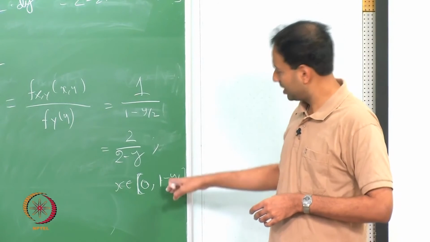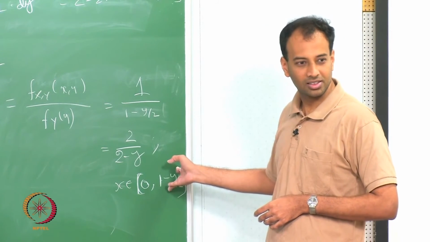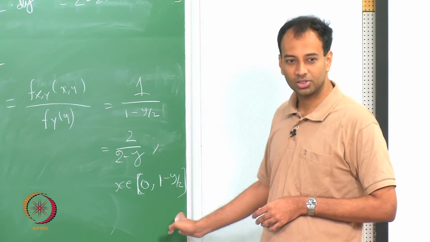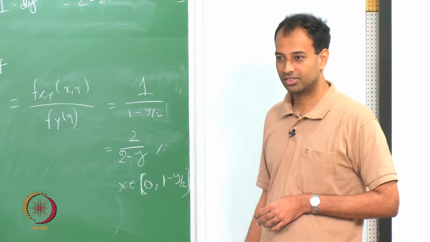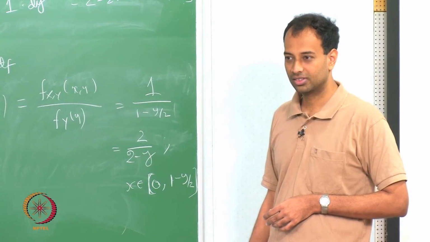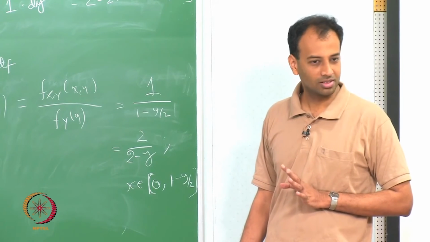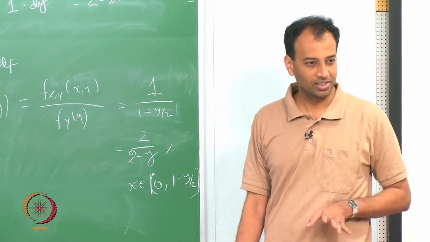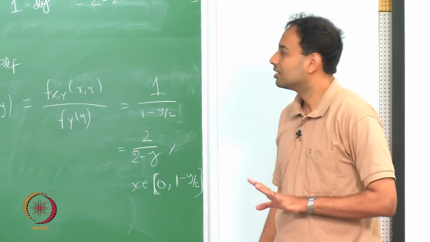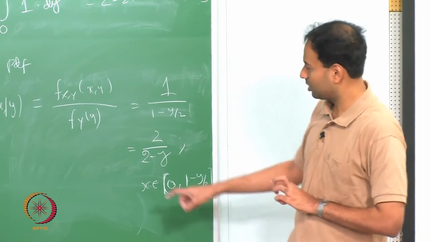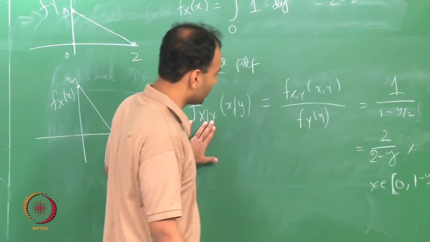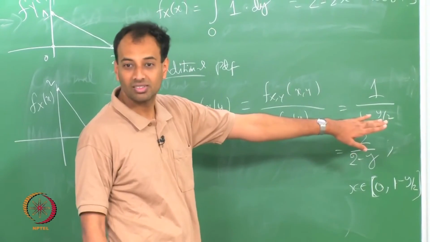So, this is like a uniform, this is conditionally uniform, yes or no? Fine. See, remember this y is a constant now, you have fixed y, it is not a function. I want to make this perfectly clear, what you are computing is actually a function of x.